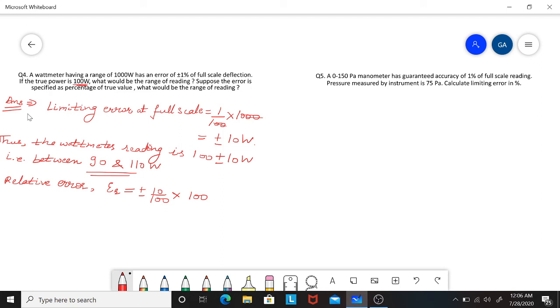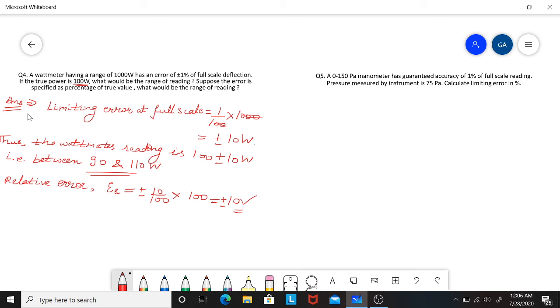So that means you are getting an error of ± 10.